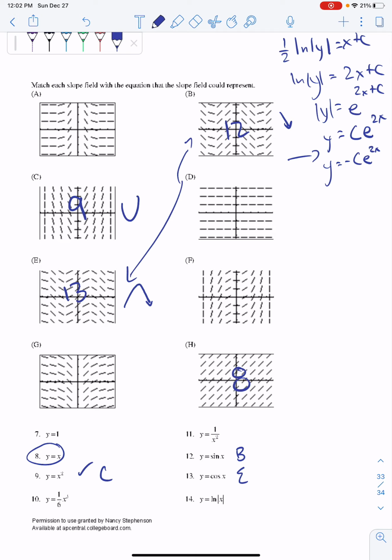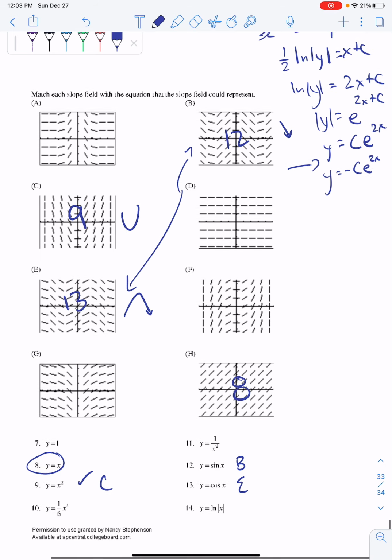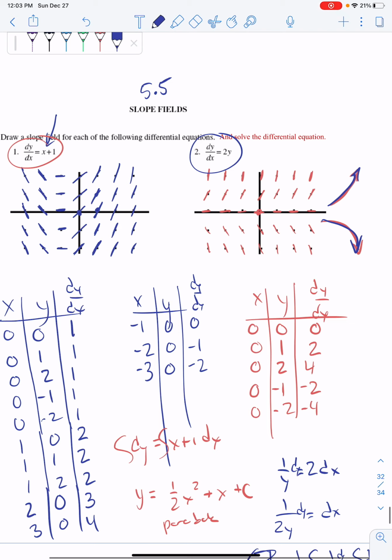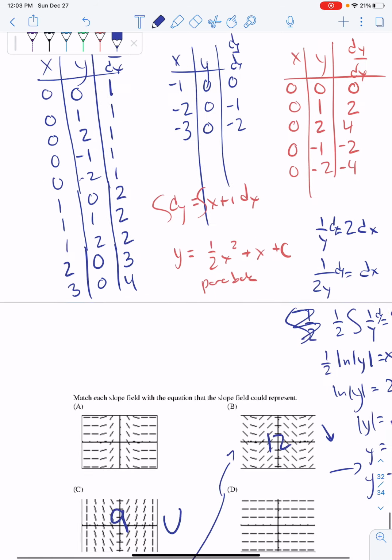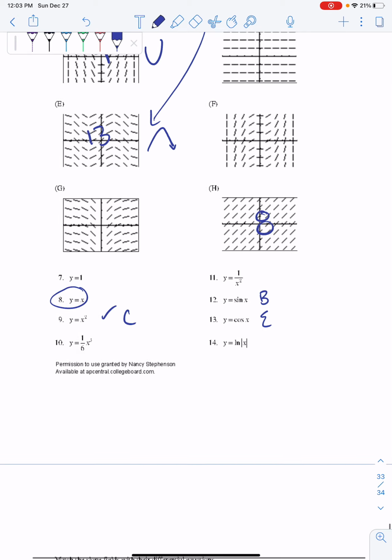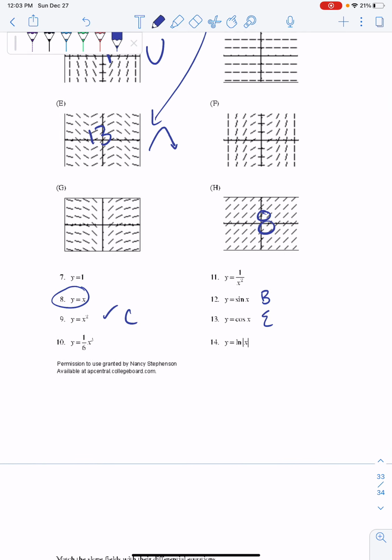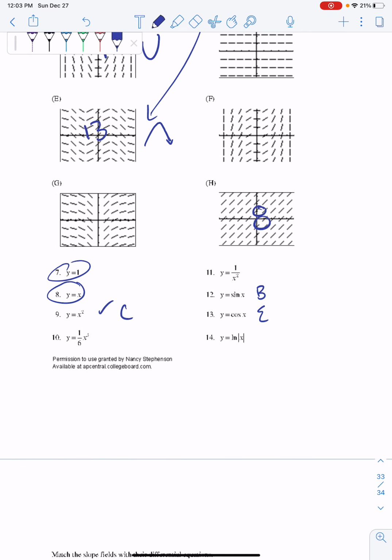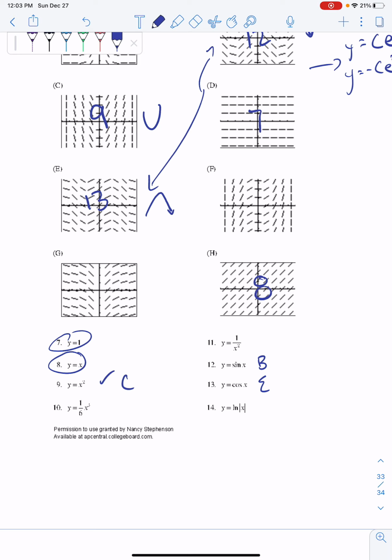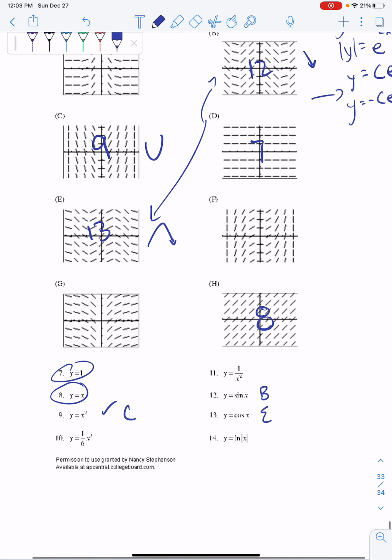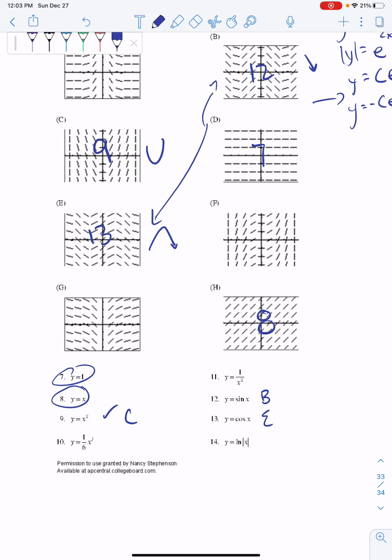Oh, not D. D's just a straight line, and remember back up here, when going left and right, it always looked the same. That means there was only a y, no x in it. So which one only has a y value? Right here, number 7. That straight line.